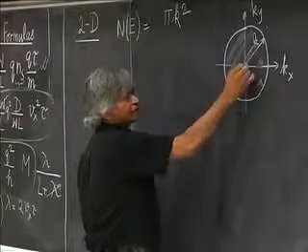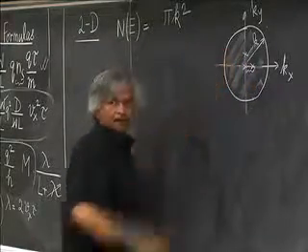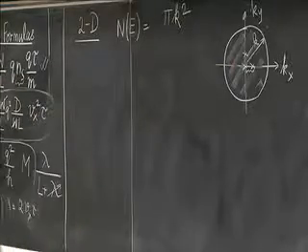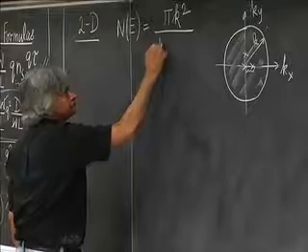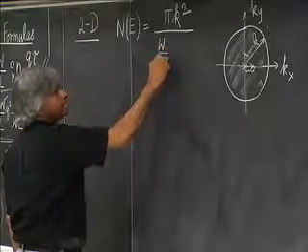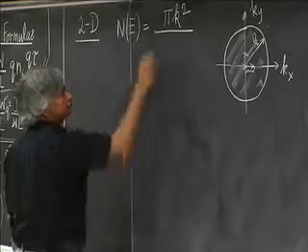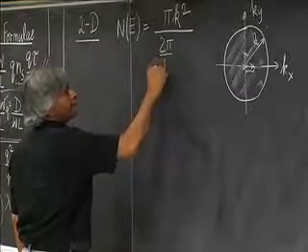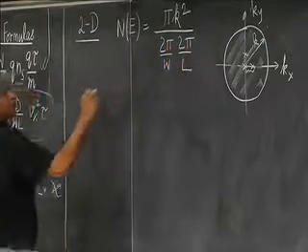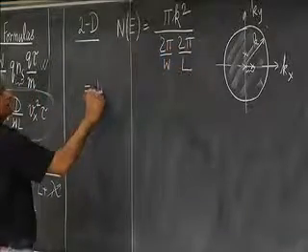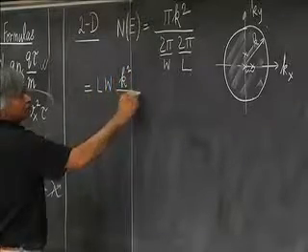And then you divide it by the density of states. The states, of course, in this direction are spaced by 2 pi over L, in this direction by 2 pi over W, whatever the width is. And that then comes to L W k squared over 4 pi.